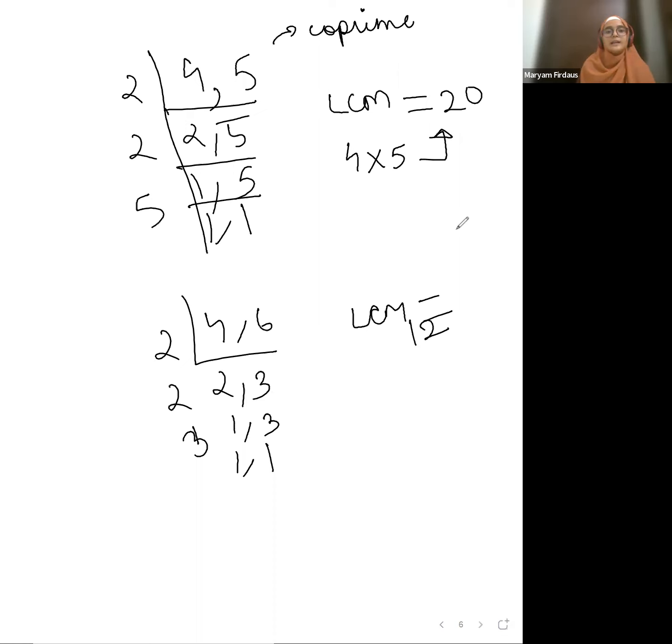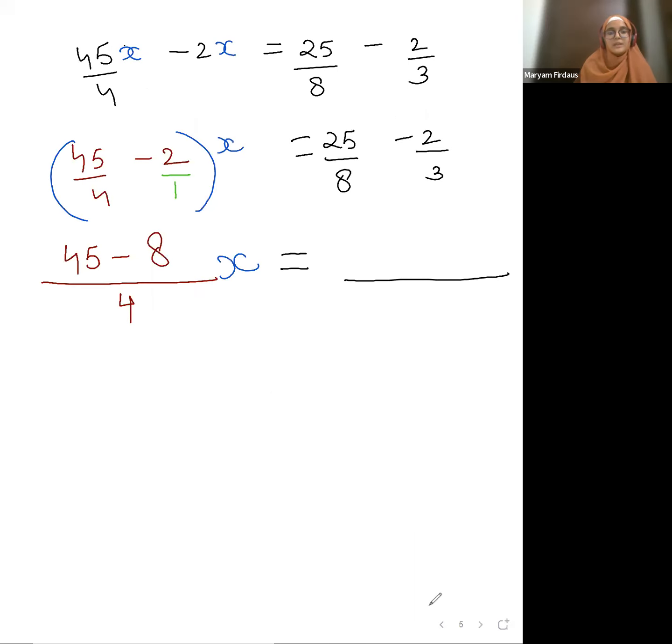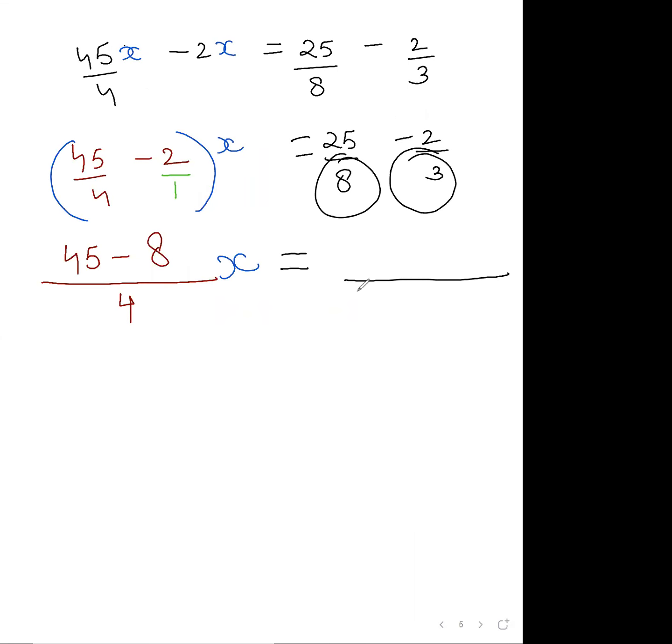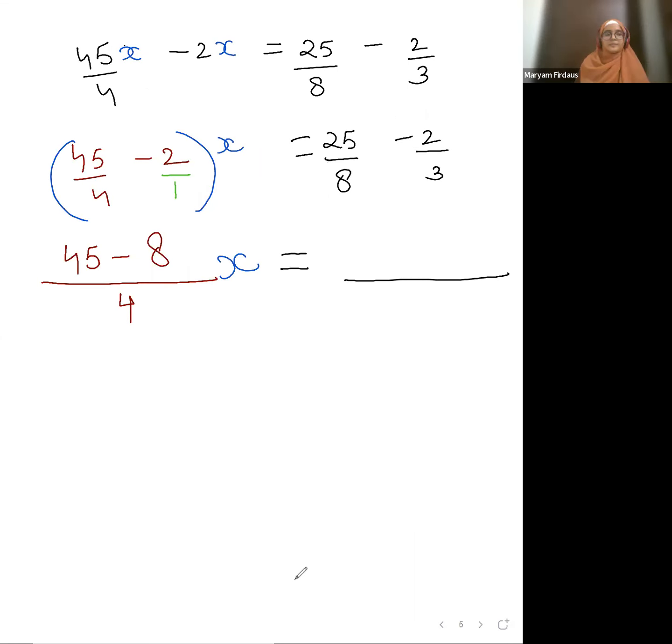So I was saying that this is the thing about co-prime numbers. Now let's quickly come to this. 8 and 3, are they co-prime numbers or not? Look, what are the factors of 8? Or you can say it like this: if you have 8 divided by 3 somewhere, let's just imagine you have 8 by 3. Can you cancel any of them?